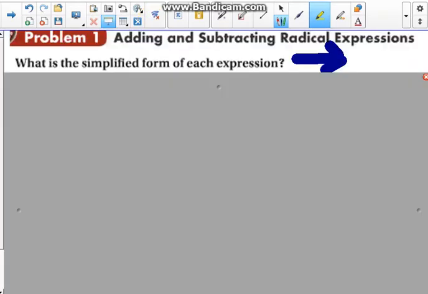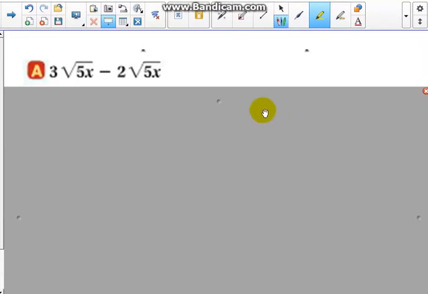So our first set of problems, we've got adding and subtracting radical expressions. What is the simplified form of each expression? So the first one, they give us 3 times the square root of 5x minus 2 times the square root of 5x. They are both square roots, index of 2, and the radicand is 5x. So they're like radicals.